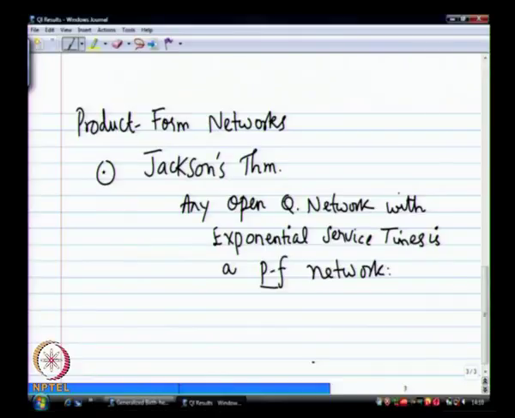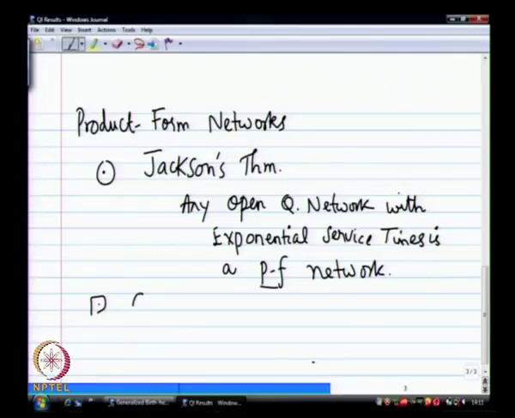So that is one of the classic results in the 60s and 70s, and then there are a few more results. This is 1963 if you are interested.